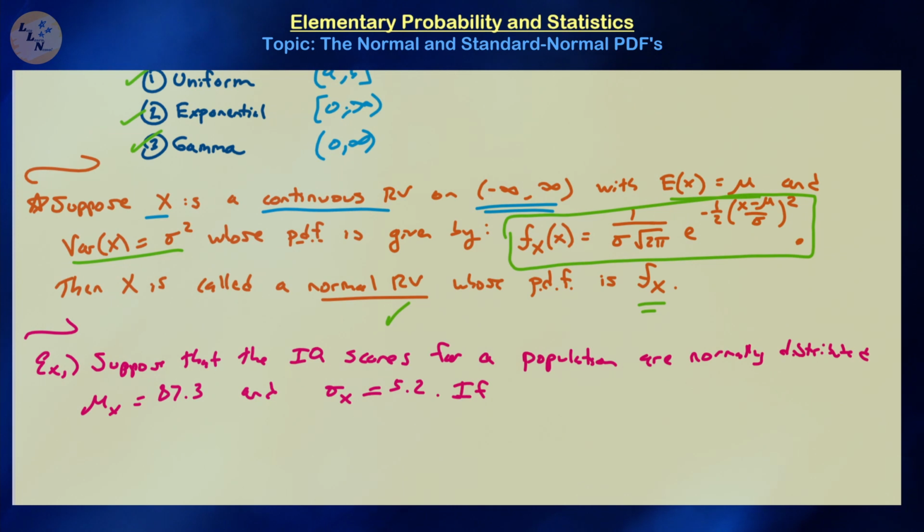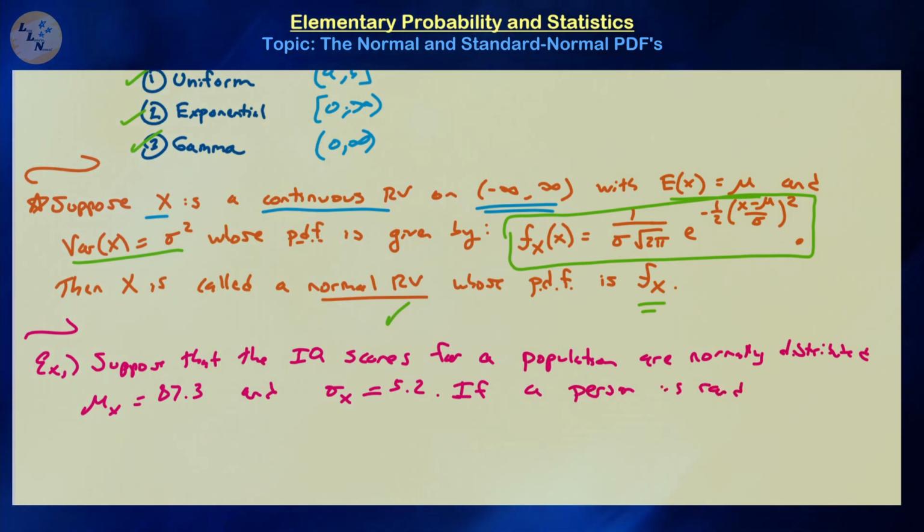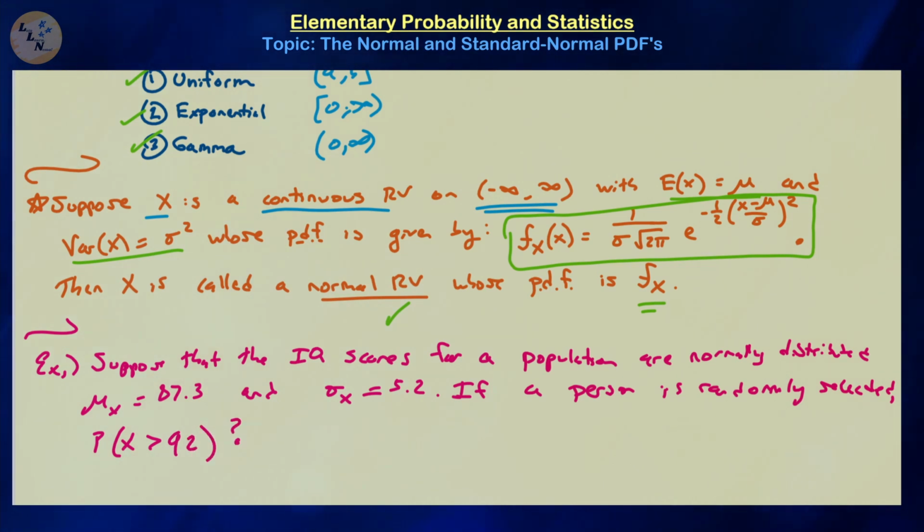If a person is randomly selected, what is the probability that their score, x, is going to be larger than 92?